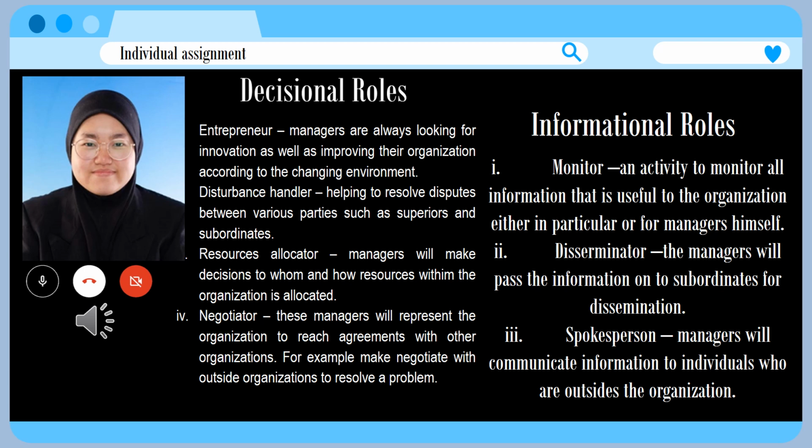Disseminator means a manager will pass the information to the subordinates. Spokesperson means a manager will communicate information to individuals who are outside the organization.